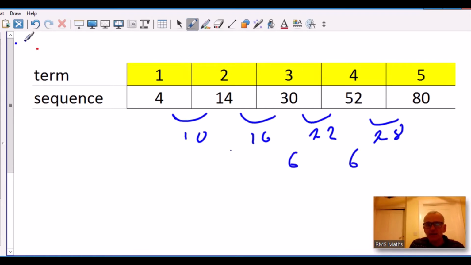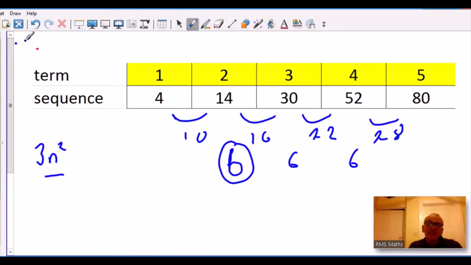I can see they're all 6. So I know it's something to do here with 3n squared. I know that's going to be part of this sequence.